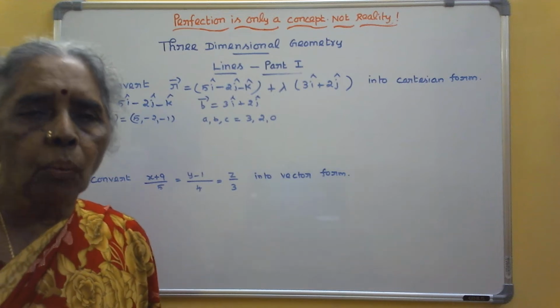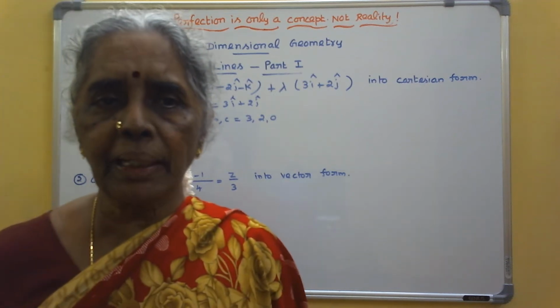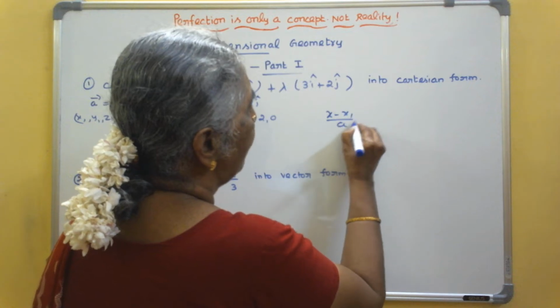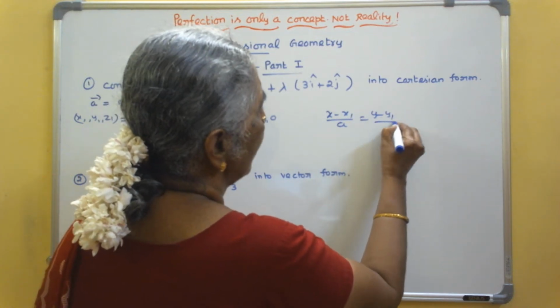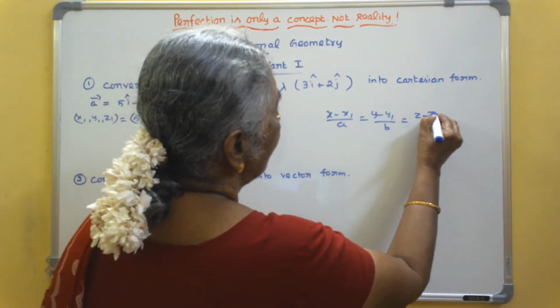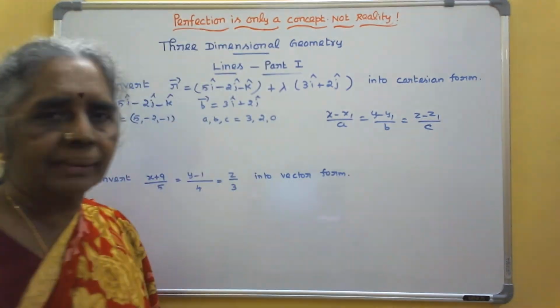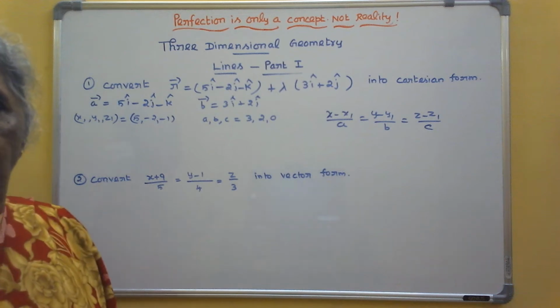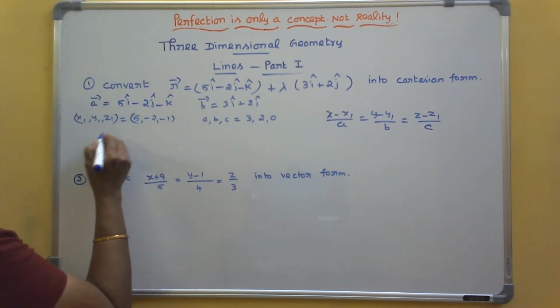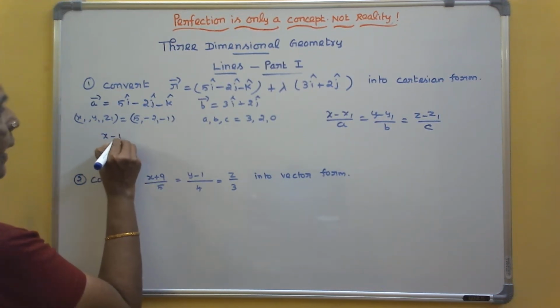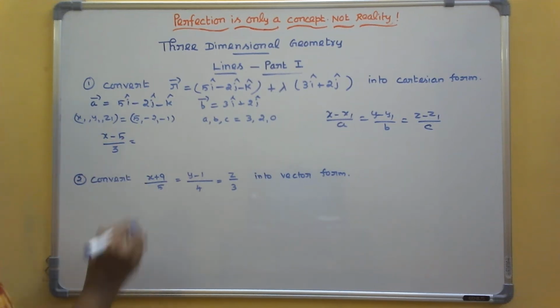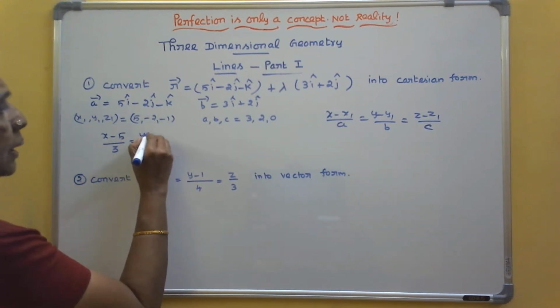Now, you know what is the equation format of a Cartesian form? That will be (x minus x1) by a, that is equal to (y minus y1) by b, that is (z minus z1) by c, right? Now, you know x1, y1, z1. You know a, b, c. So now we will write the Cartesian format. (x minus 5) by 3, that is equal to, okay, y minus of minus 2.